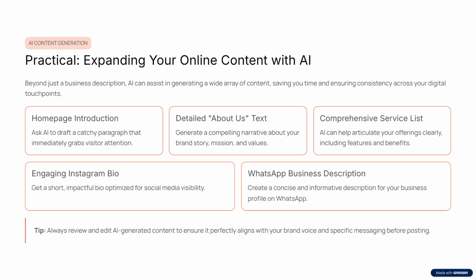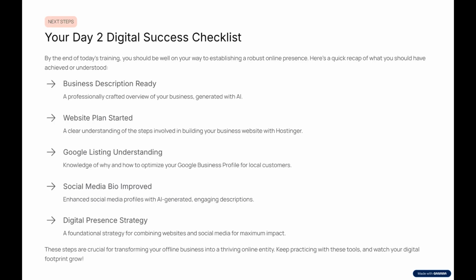So guys, let's quickly do a checklist. Ask yourself these questions. So our checklist for today, to make sure we get the best thing, is your business description. Is it ready? Have you have a business description? Your website plan, have you sorted that out? Your Google listing and understanding, have you done that?